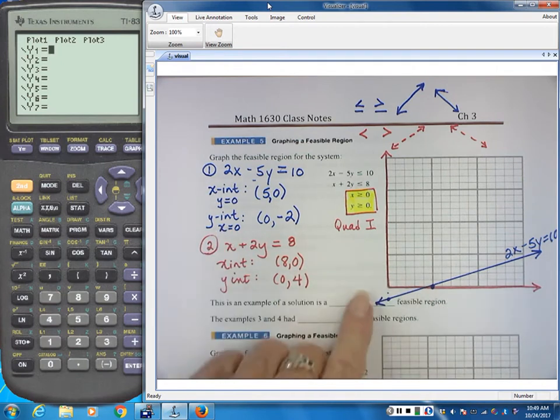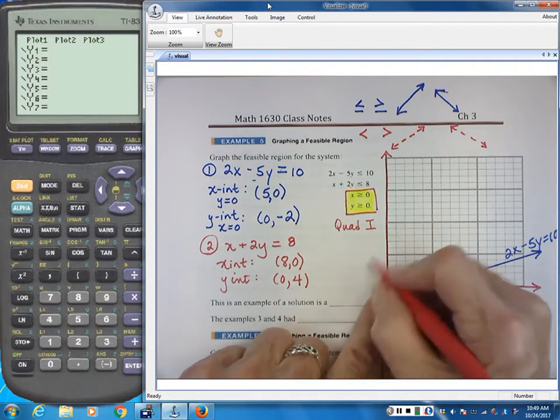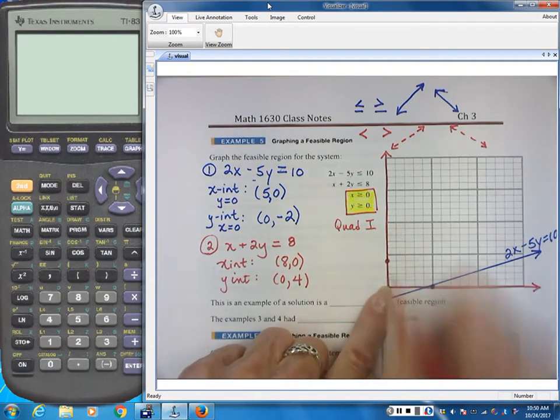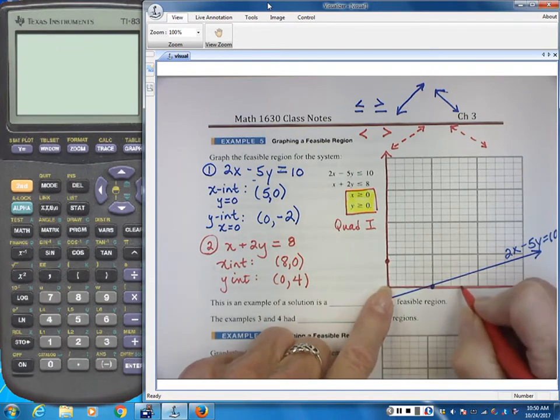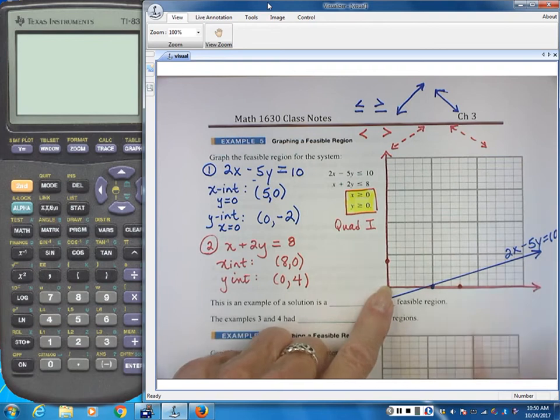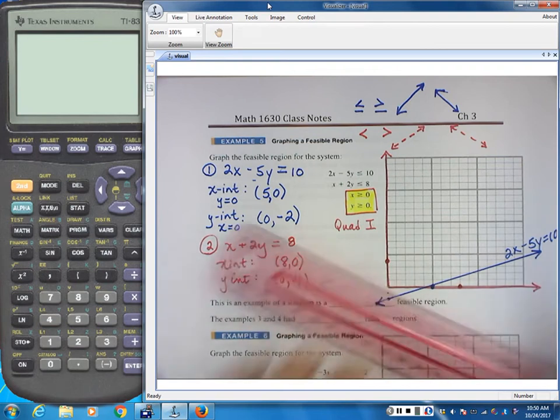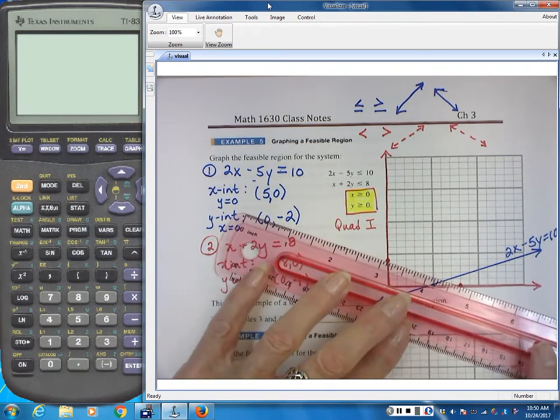So that means I need to plot the points (0, 4) and (8, 0). And then draw the line.